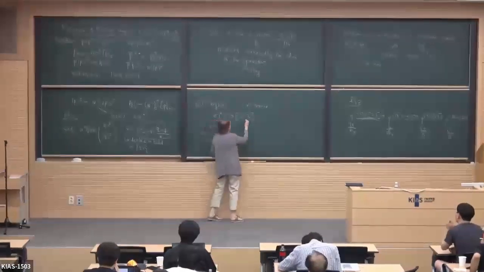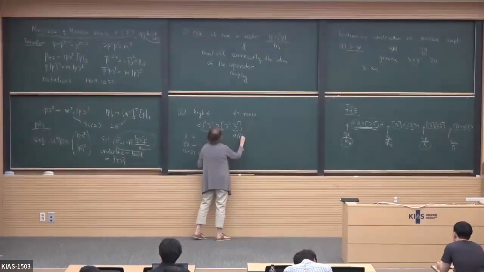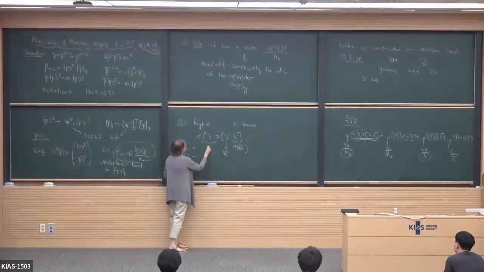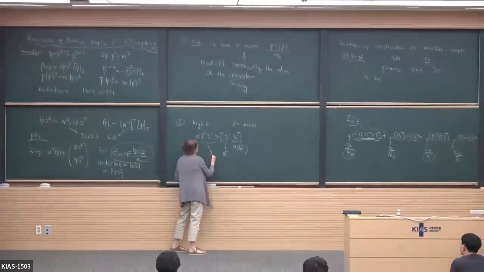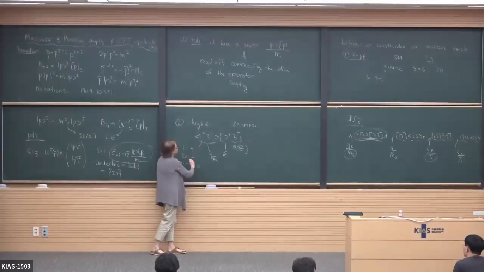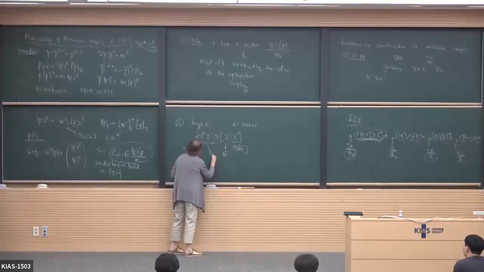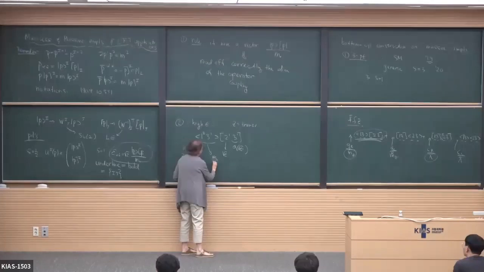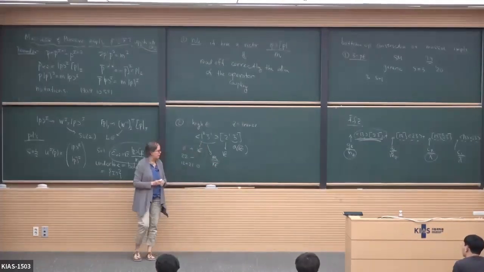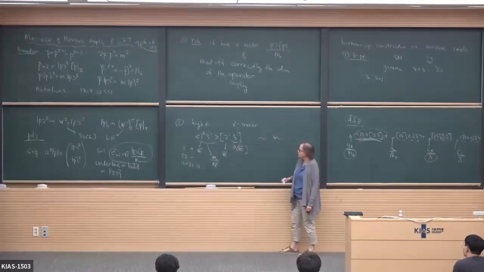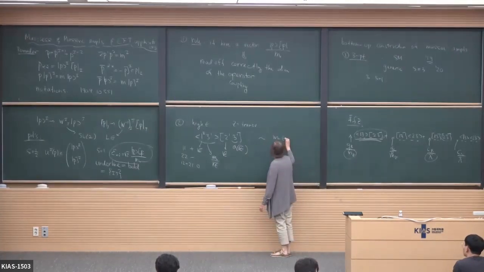So now you see this one is order square root of E. This one is also square root of E. This one is now 3, 1, so it's actually down by square root of M. And this one is 2, so sorry, it's down by M. And this one is 1, 2, so that scales as square root of E. And this one, remember, scales like M over square root of E. So altogether, this whole thing goes like M. Or if I collect everything together, it's of order ME.